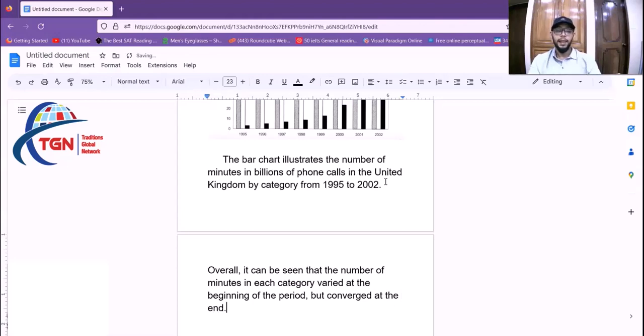So আমি এই লাইনটা দিয়ে বুঝাচ্ছি যে the number of minutes, right?